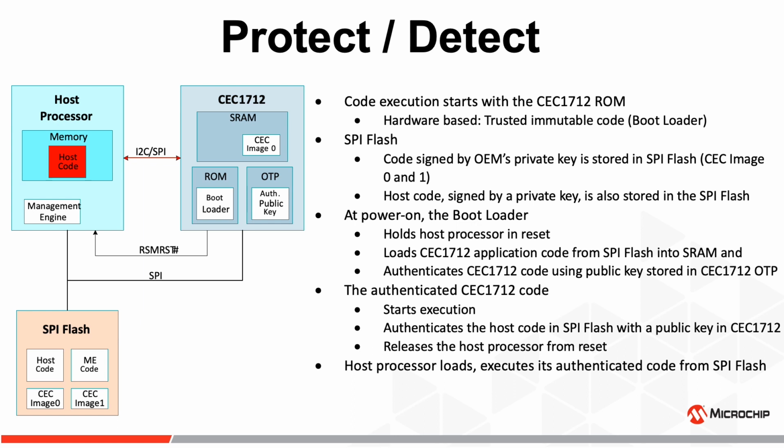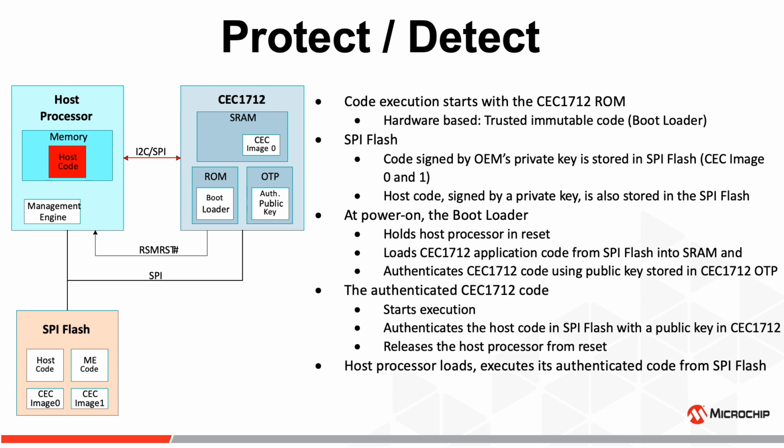Now, in order for this to happen correctly, you need to make sure that the system does not fully execute. So in this case, the CEC 1712 will hold the host processor in reset. By holding this processor in reset, it does not allow the host processor to fully boot up.